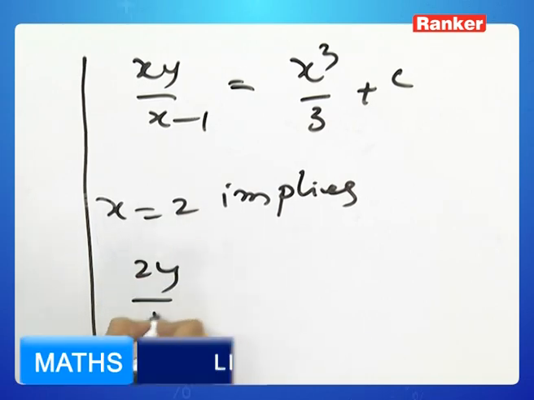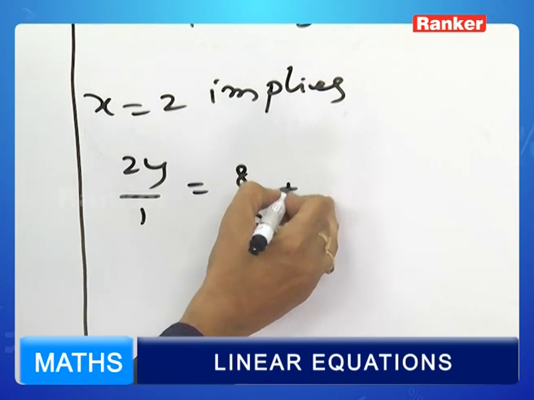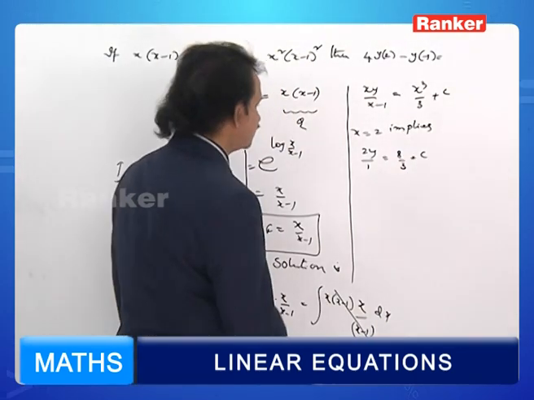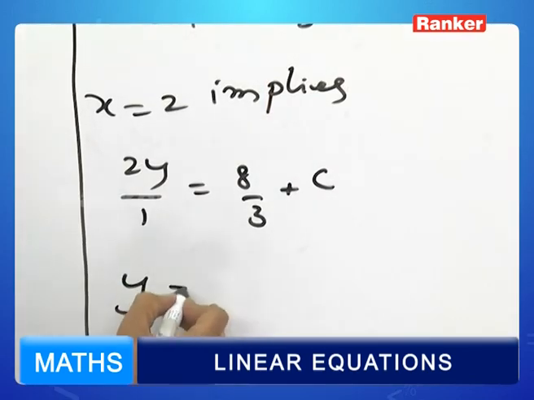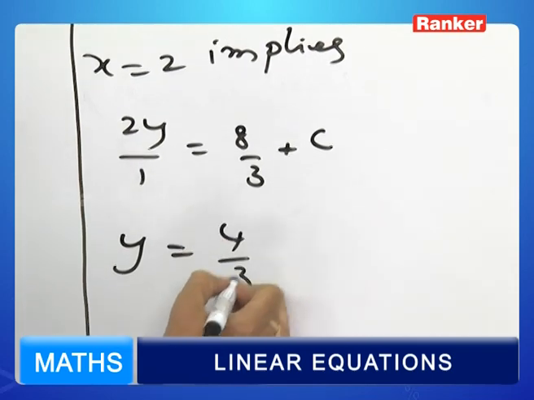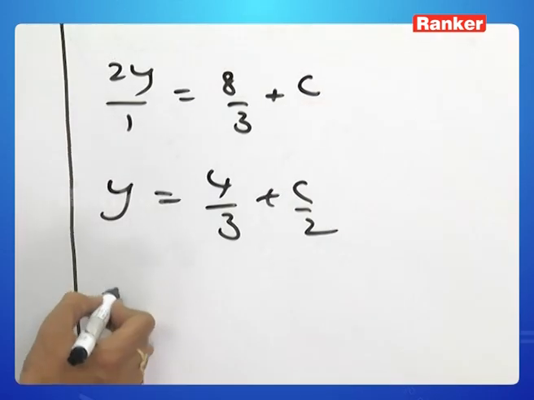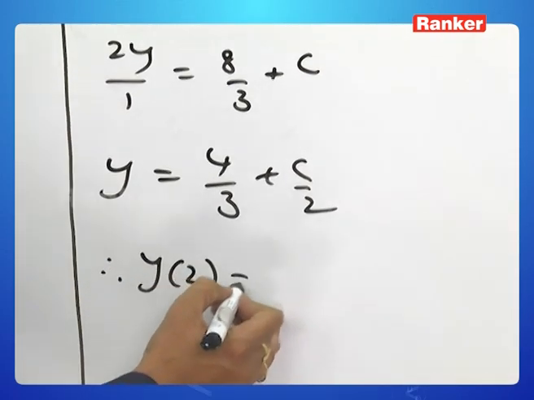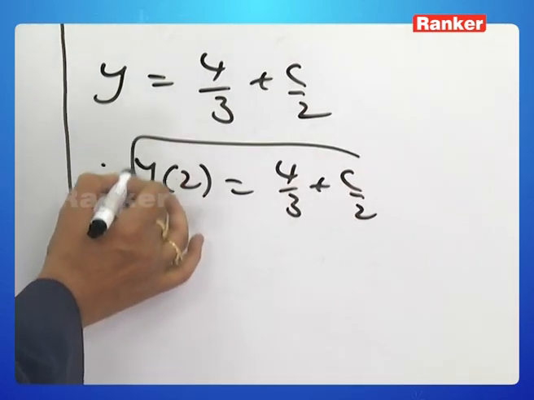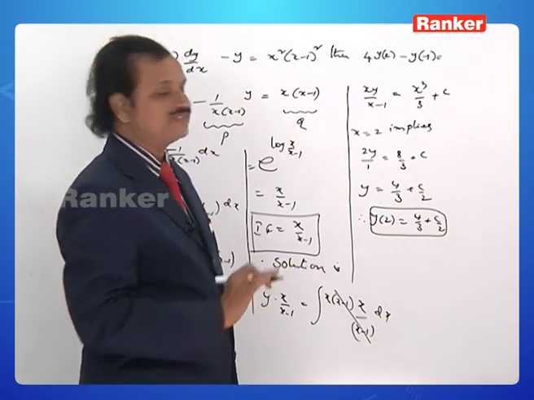2y/(2−1) = 2³/3 + c, that is 8/3 + c. From this, y = 8/3 by 2, that is 4/3 + c/2. Therefore, y(2) is 4/3 + c/2.